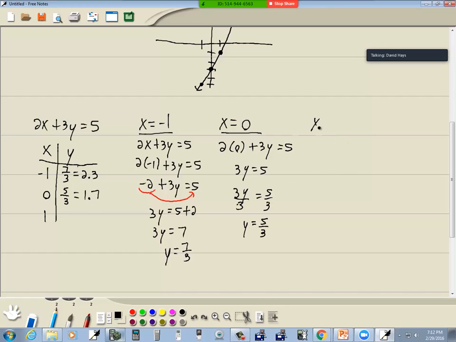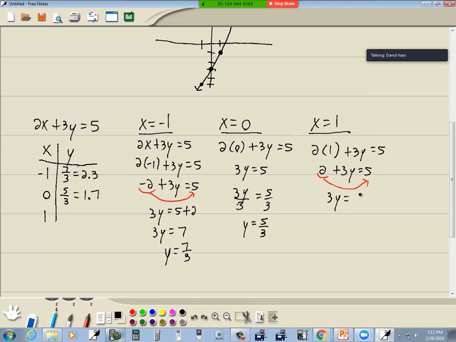And then our last one, x is equal to 1. We'll plug 1 in for the x. So I got 2 times 1 plus 3y is equal to 5. And this one looks like it's actually going to come out nice. 2 times 1 is 2 plus 3y is equal to 5. Take the 2, move it to the right side.